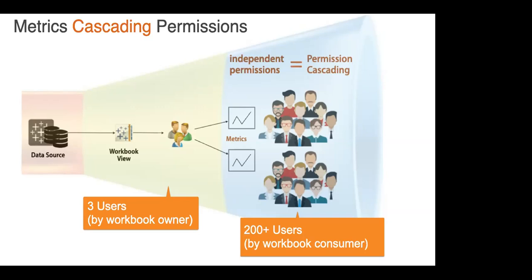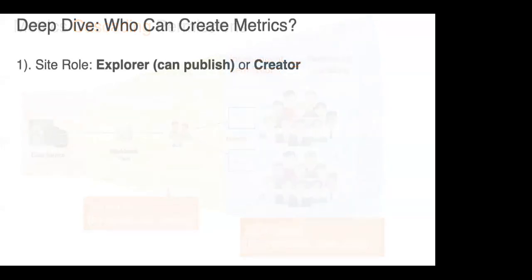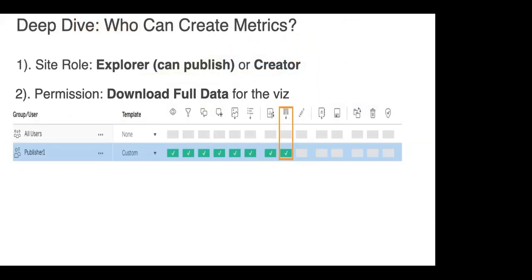Tableau has valid reasons to design this way. There are valid use cases. Let's take one step back, and I'll tell you what you can do if you're concerned about this. Let's look at the big picture. Who can create metrics? Number 1, the publisher site role. Number 2, that user has download full data permission of the view.